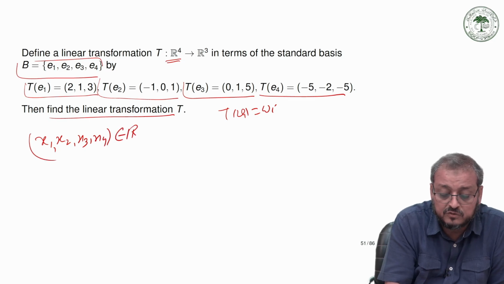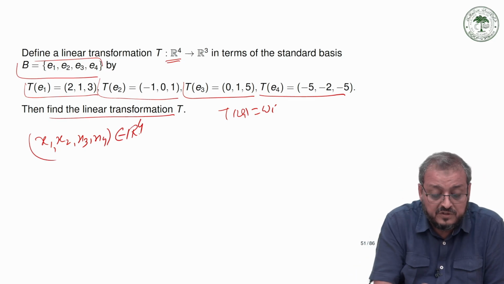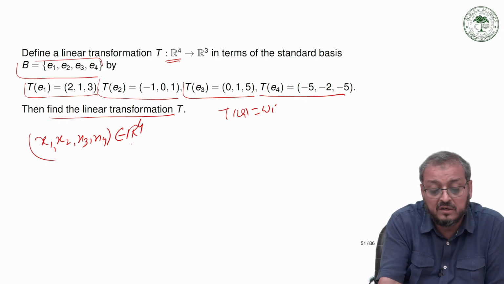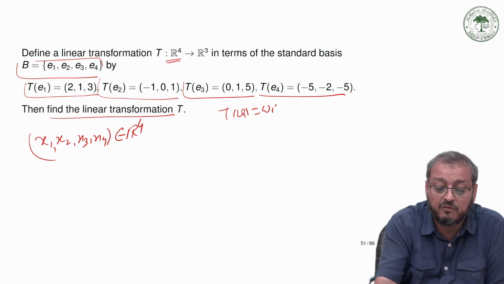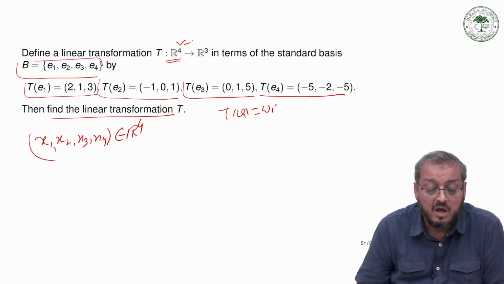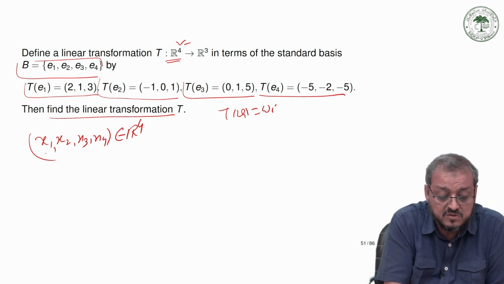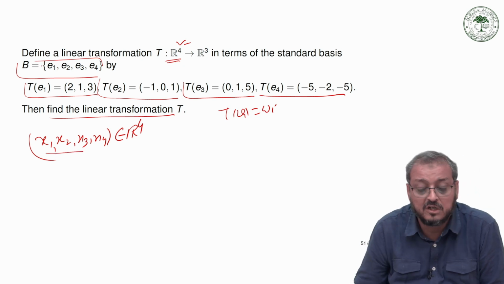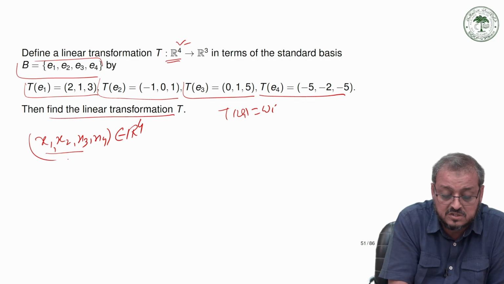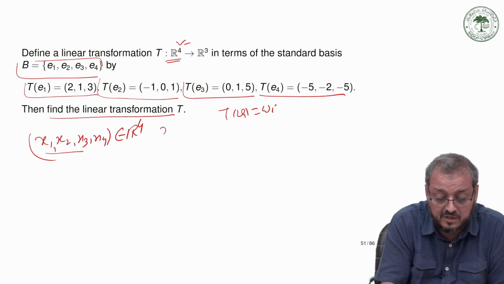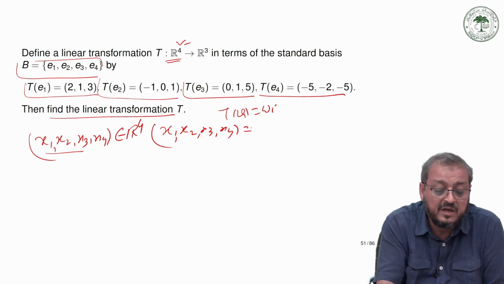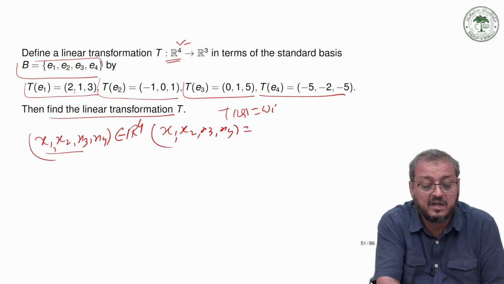Since the standard vectors form a basis for the vector space R4, any vector can be written as a finite linear combination of the elements of this basis, that is, alpha times E1 plus beta times E2 and so on.